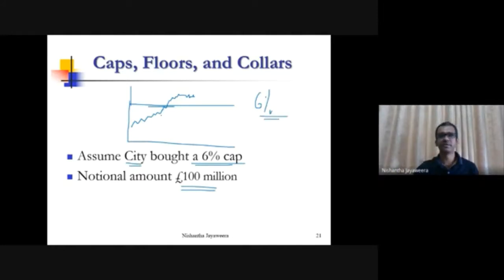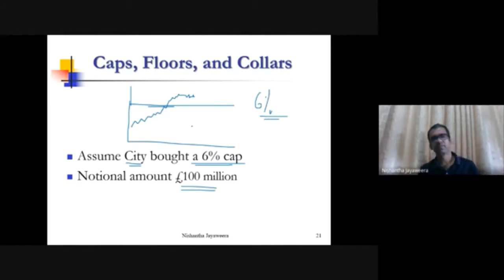But whenever it remains below 6%, the effective rate is that actual interest rate. Is it clear?